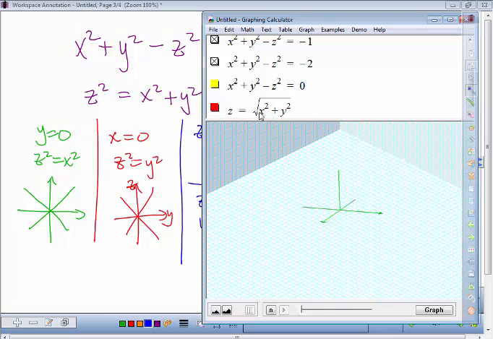So there's this cool animation idea that connects the hyperboloids, it turns out.